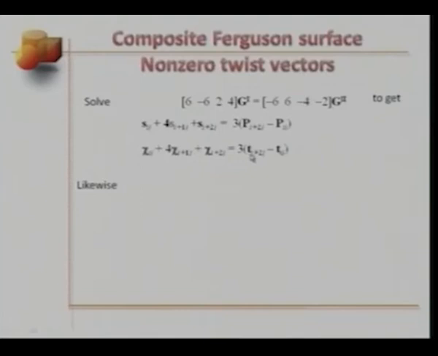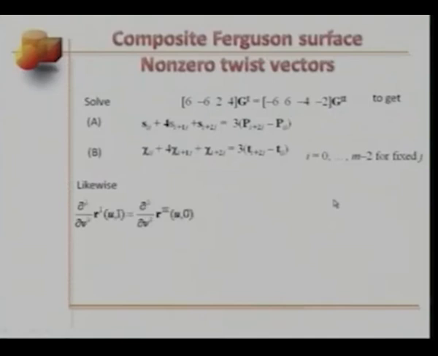The right hand side corresponds to the slopes along the v direction. Let us name these equations A and B. And these equations are for index i going from 0 to m minus 2 for a fixed index j.